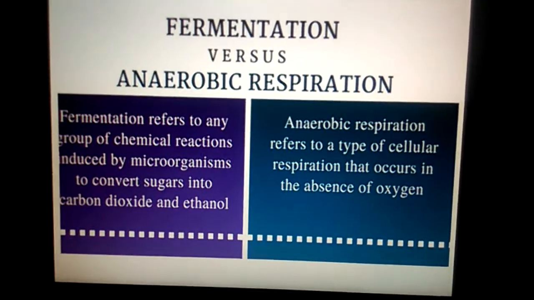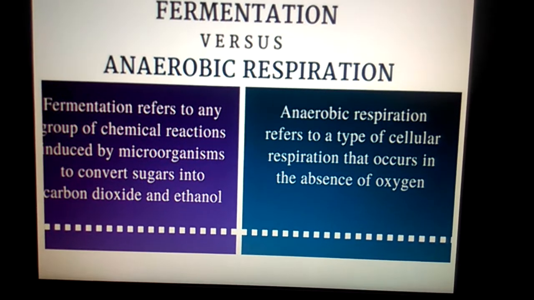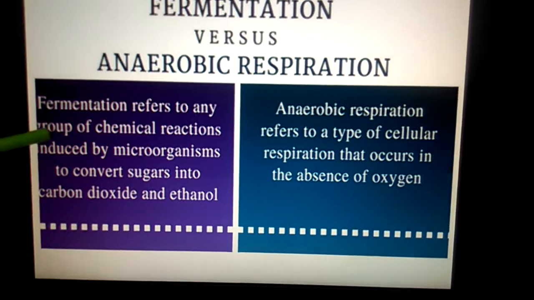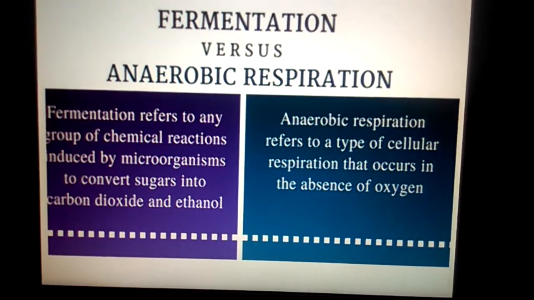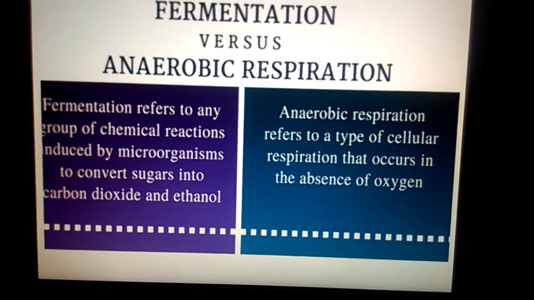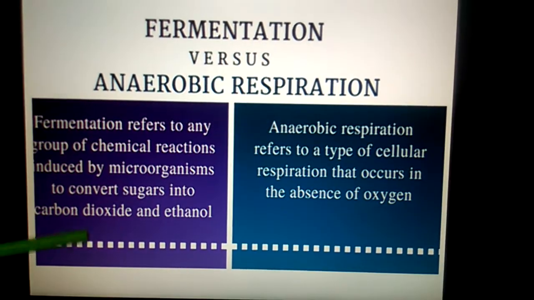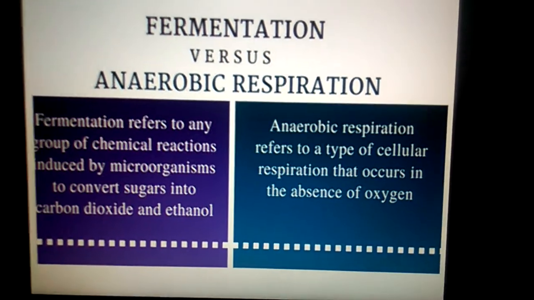Here are the differences between anaerobic respiration and fermentation. First of all, fermentation refers to any group of chemical reactions induced by microorganisms to convert sugars into carbon dioxide and ethanol or alcohol.